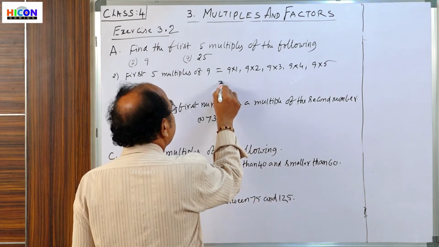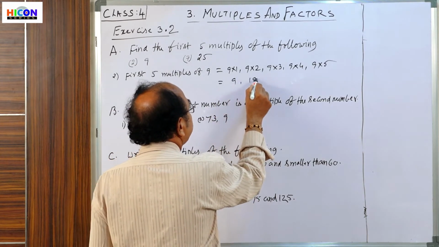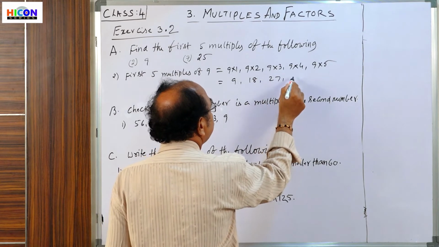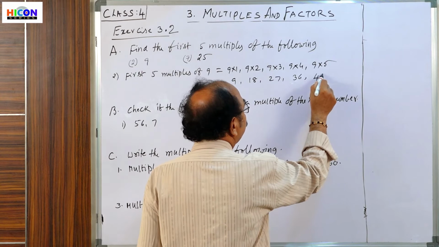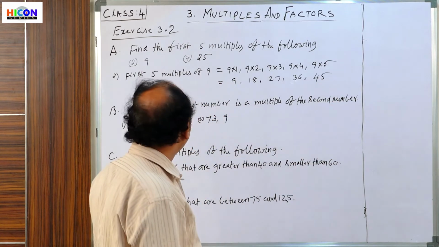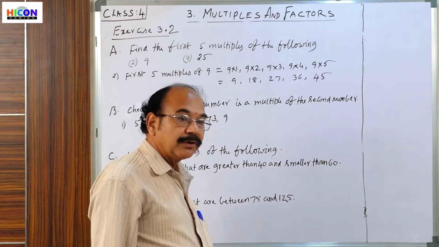That means 9 ones are 9, 9 twos are 18, 9 threes are 27, 9 fours are 36, 9 fives are 45. These are the first 5 multiples of 9.